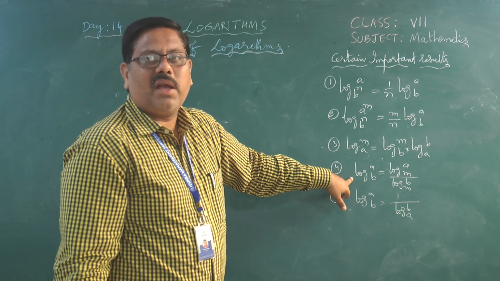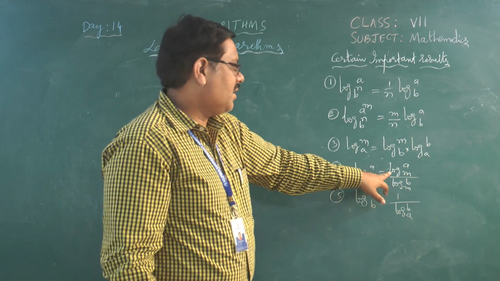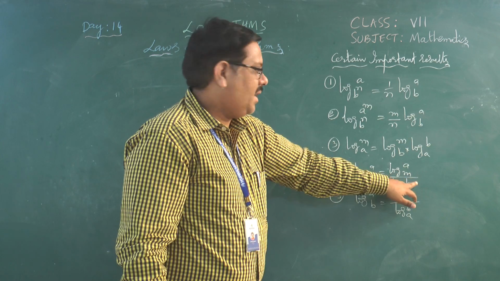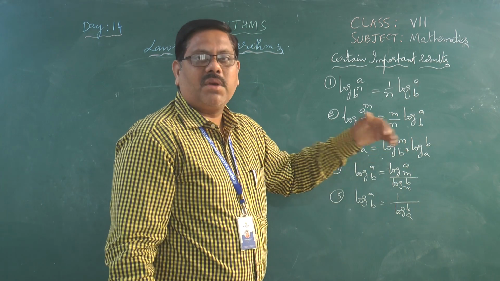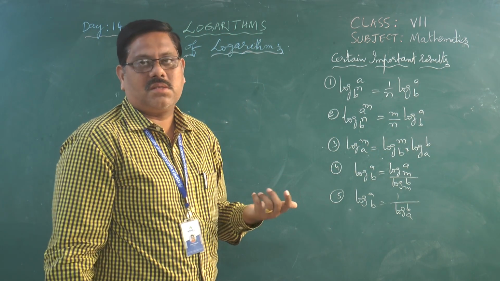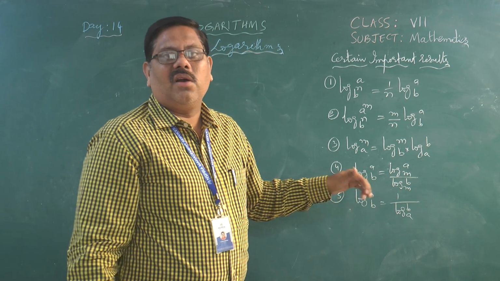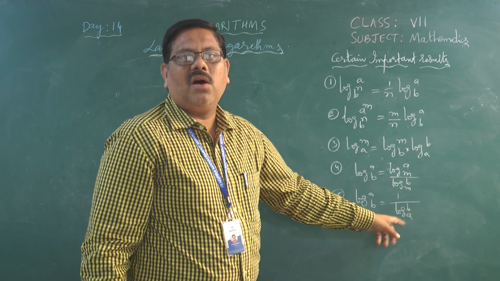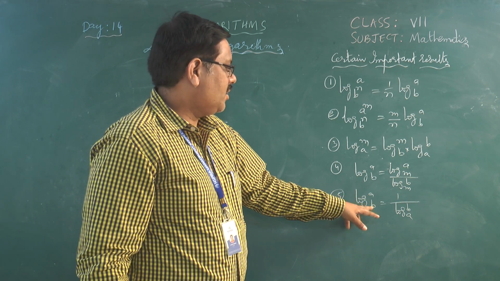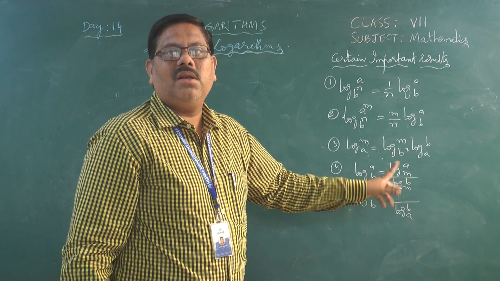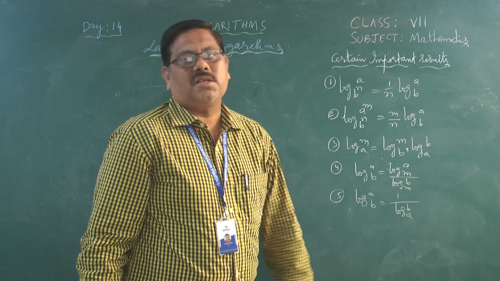Next, log a to the base b, here we can write it as log a base m by log b base m. Sometimes it necessitates us to change the bases, so we can do that using this. Next, log a base b we can write as 1 by log b base a. Here argument and base will interchange if you write it as its reciprocal.